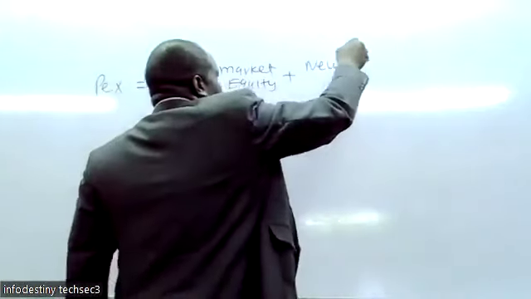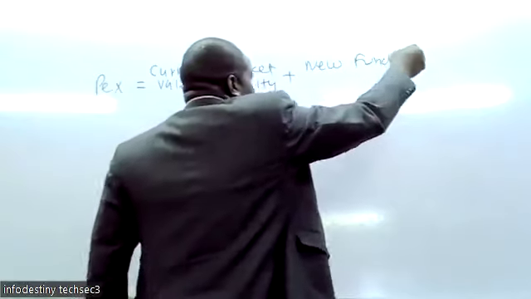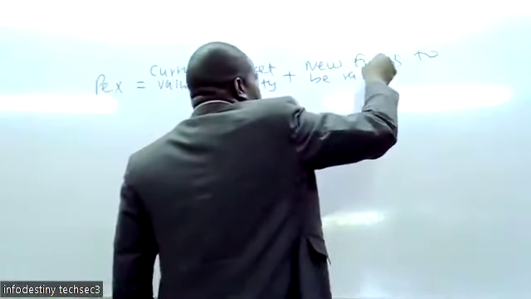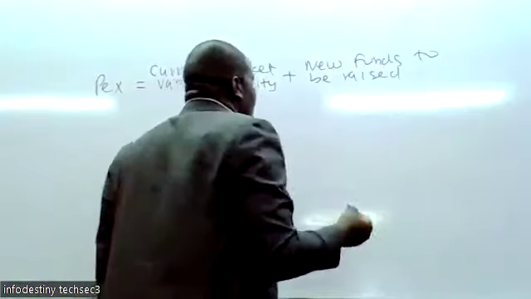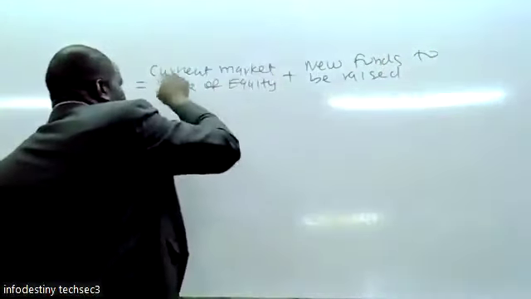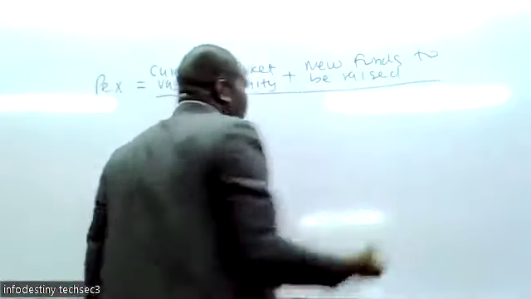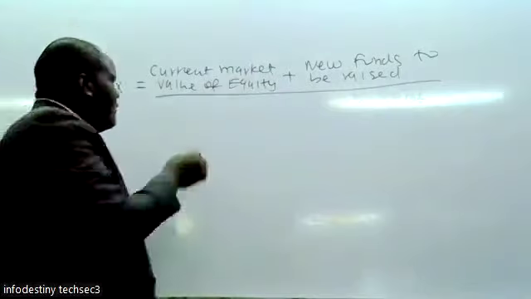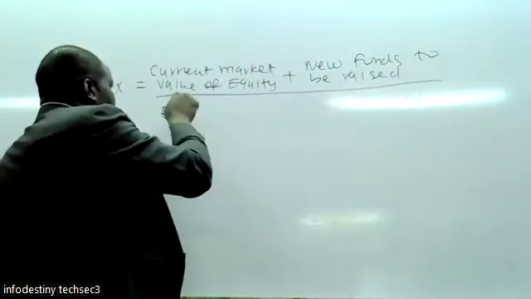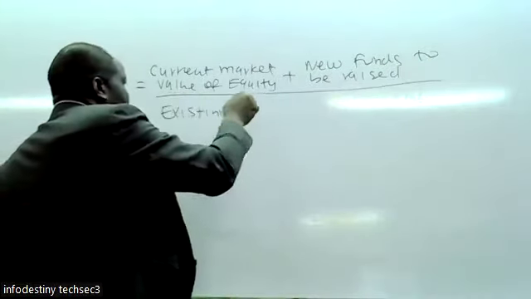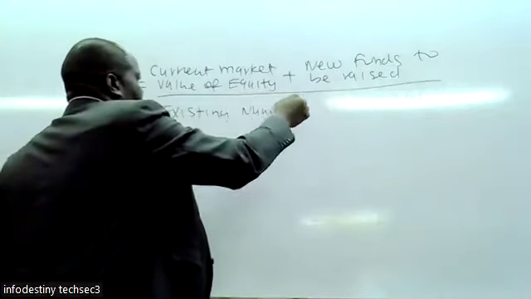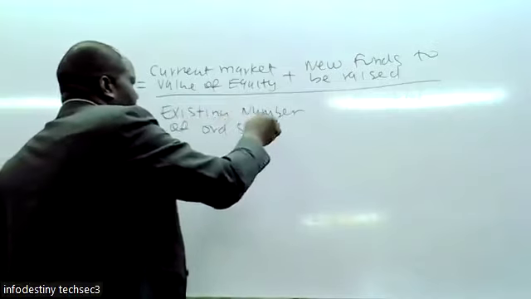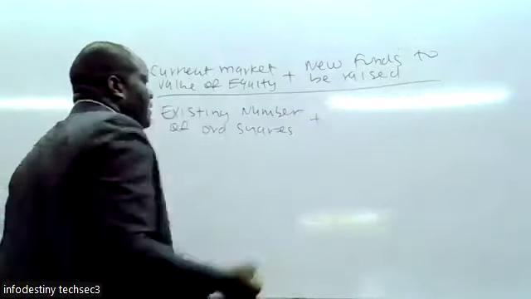Add new funds to be raised. Then we divide by the existing number of the ordinary shares.